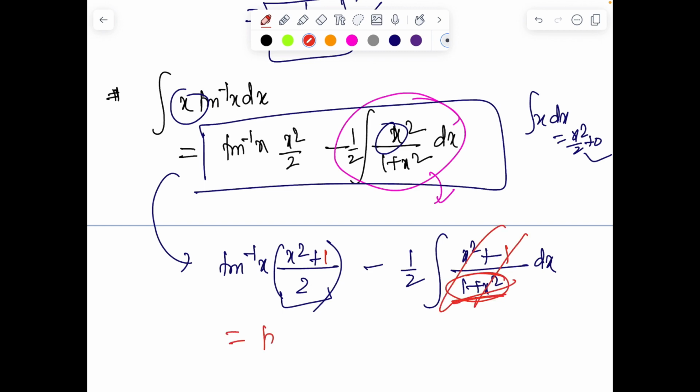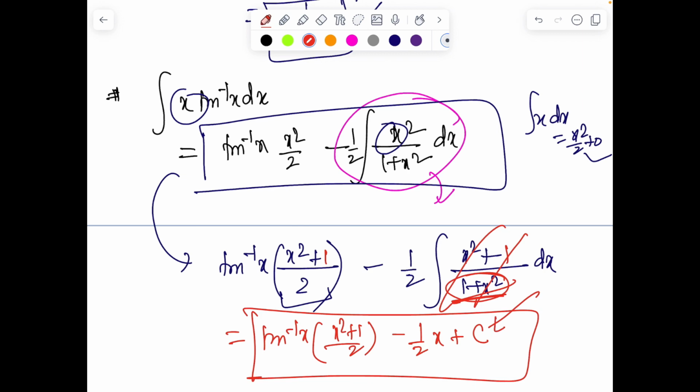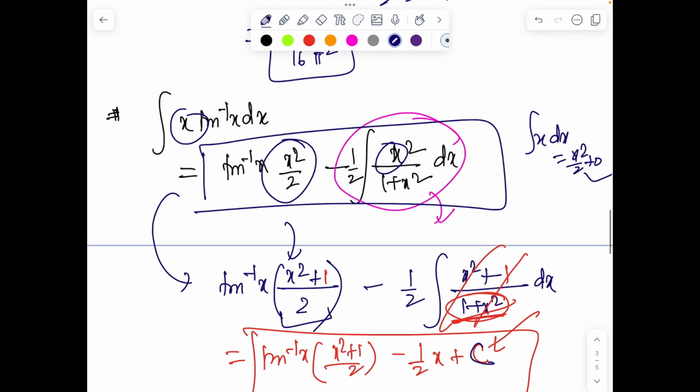It simply goes, and the answer is tan inverse x into x square plus 1 by 2 minus half x plus constant. And now this constant will take care of all our rituals, because in this step, integration of x dx, someone could have made x square by 2 plus lambda, and again, overall effective lambda will come at the end.